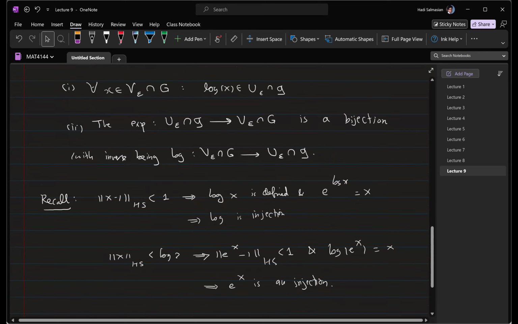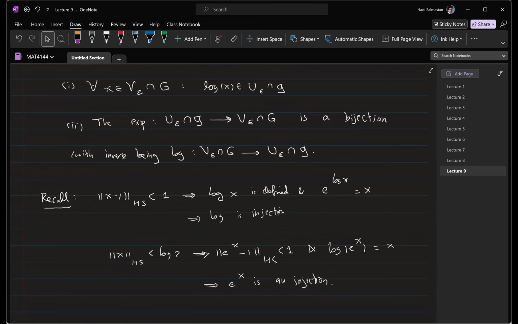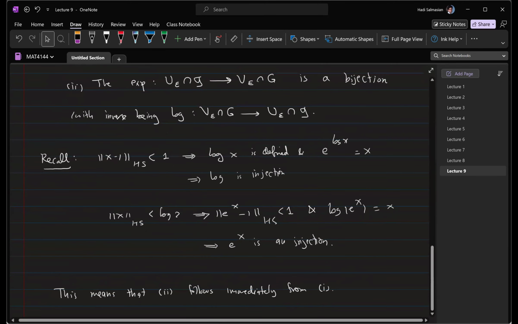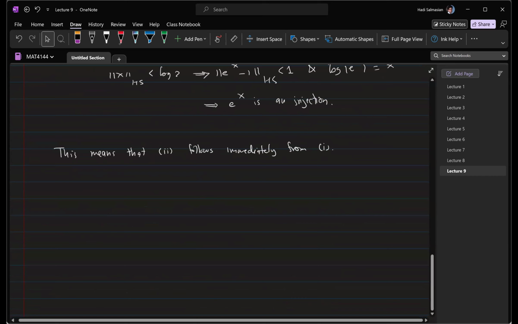Part 2 about the bijectivity requires some surjectivity, which is a consequence of 1, because injectivity is there for a neighborhood less than log 2 all the time. But we want to take epsilon less than log 2 anyway. All is good so far? So now I want to prove part 1. The proof of part 1, I'll postpone until after the following lemma.